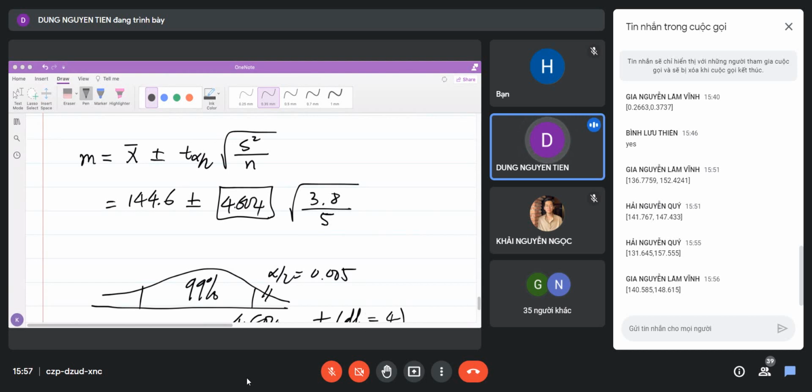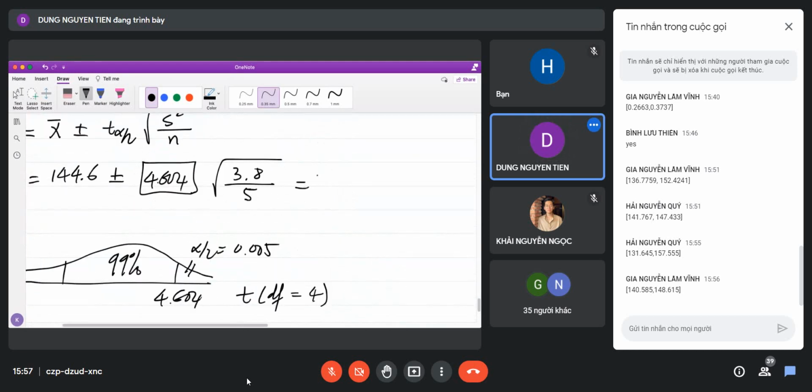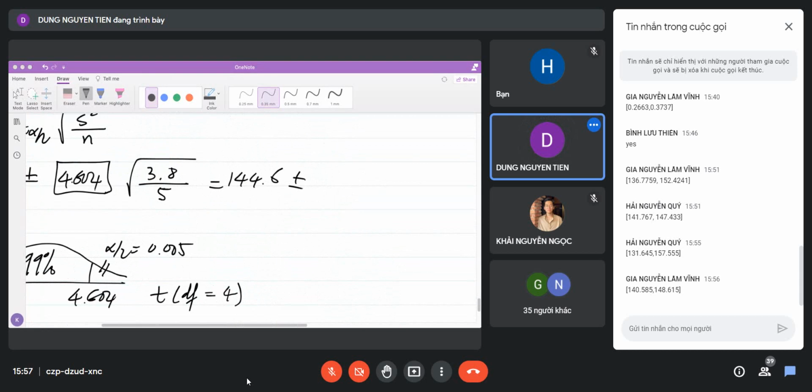So this is what you can get for the confidence interval. You get 4.014. So I get 144.6 plus or minus 4.014. Okay, so you can do the calculations to get a confidence interval for the mean value.